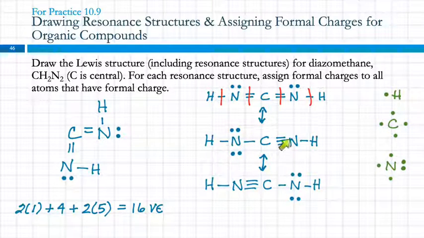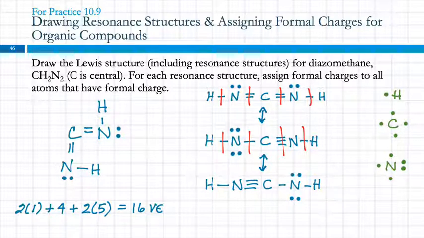Down here, we see this nitrogen has 4 bonds. The carbon here has 4 bonds, and this nitrogen has 2 bonds. So I can tell that this carbon's going to have a 0 formal charge, and the nitrogens are going to have some charge, non-zero. So here, carbon brings 4, leaves with 4. 1, 2, 3, 4. 0 formal charge.